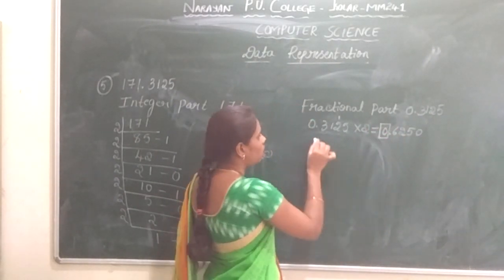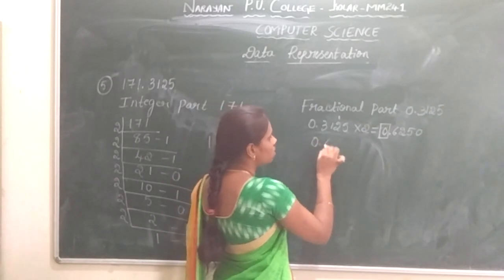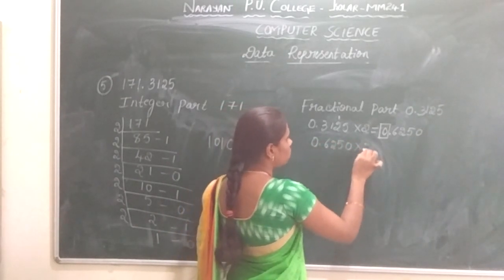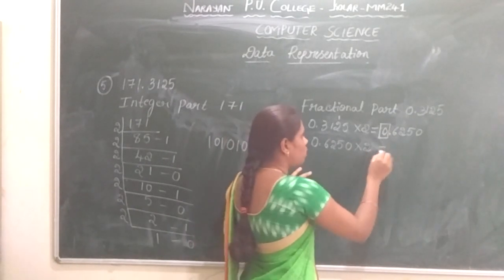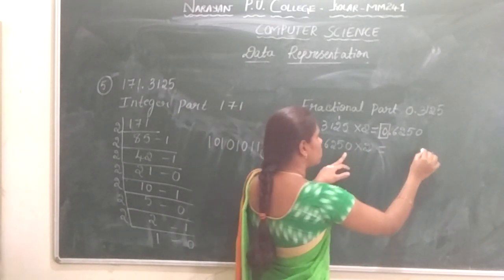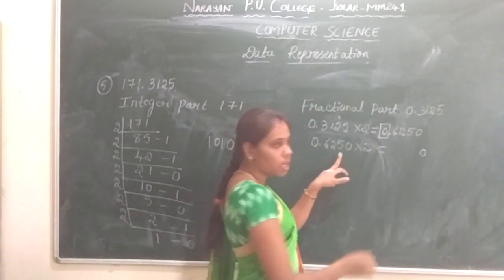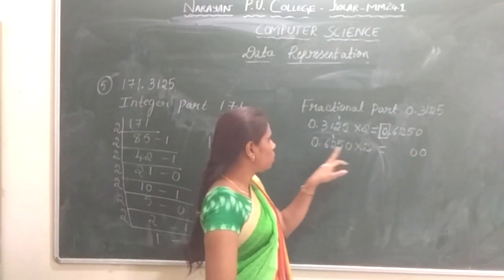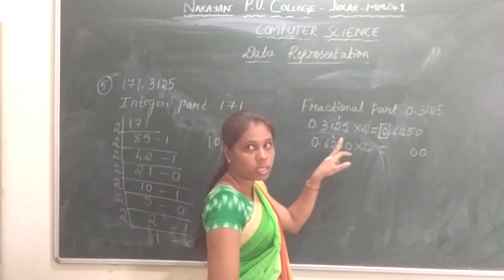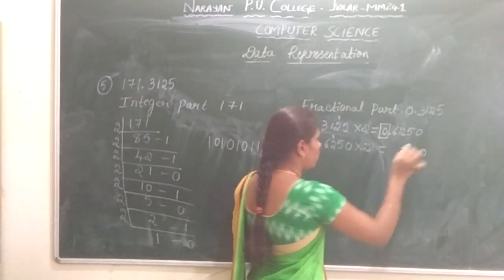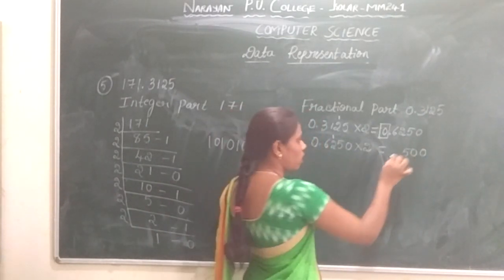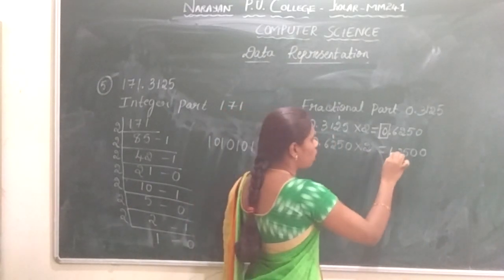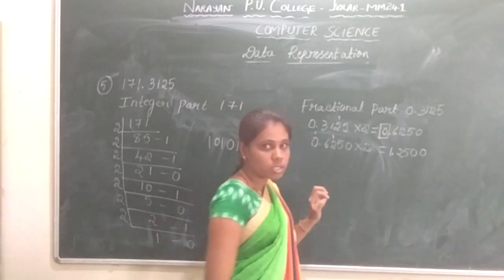Now take only the fractional part, 0.6250, and multiply it by 2. 2 into 0 is 0. 2 5s are 10. You will get carry as 1. 2 2s are 4. 4 plus 1 is 5. 2 6s are 12. So I write 2 and 1 as carry, that is 1.2500.